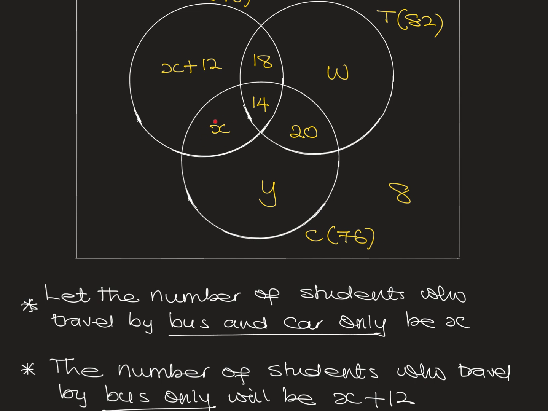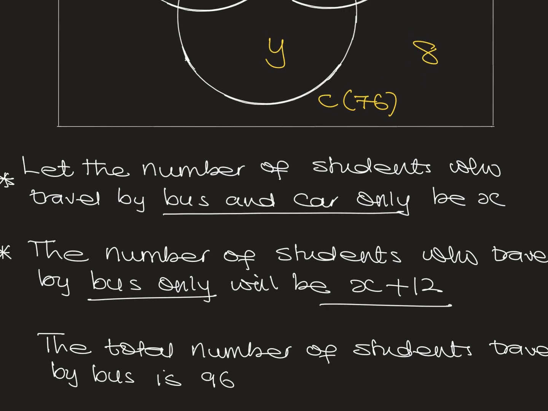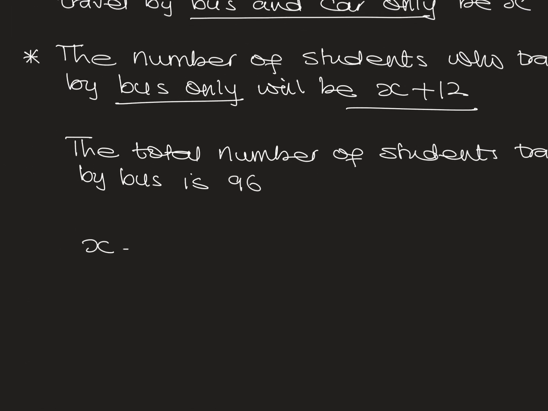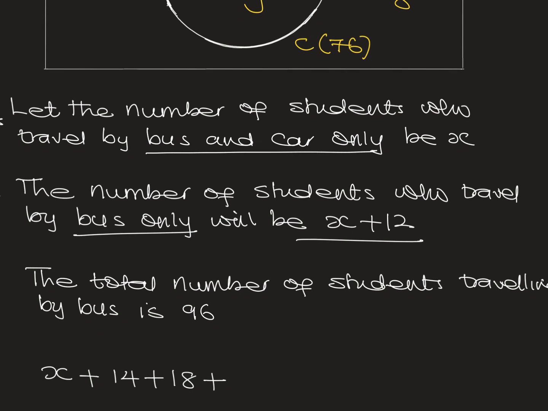We can say x plus 14 plus 18 plus x plus 12 is equal to 96. Let's write that down. X plus 14 plus 18 plus x plus 12 is equal to 96.